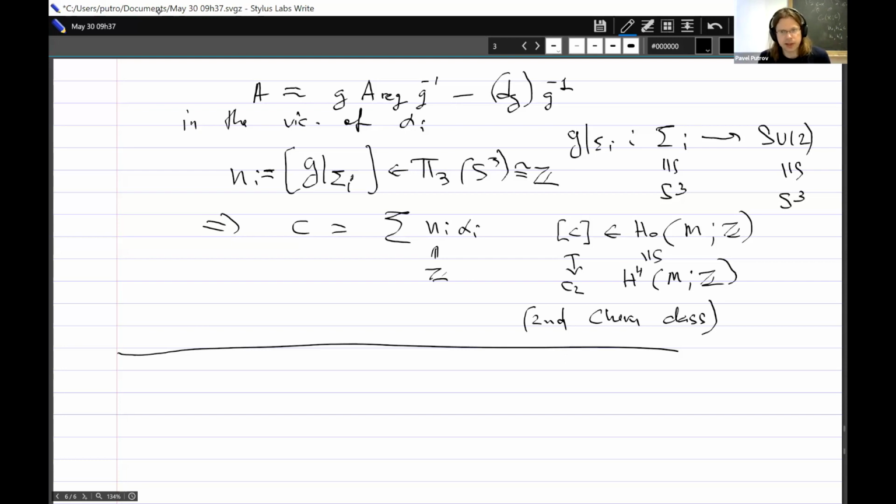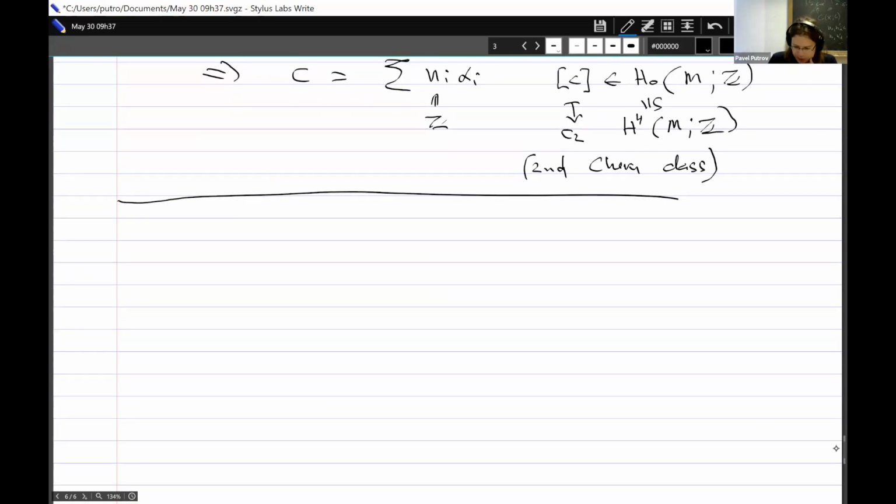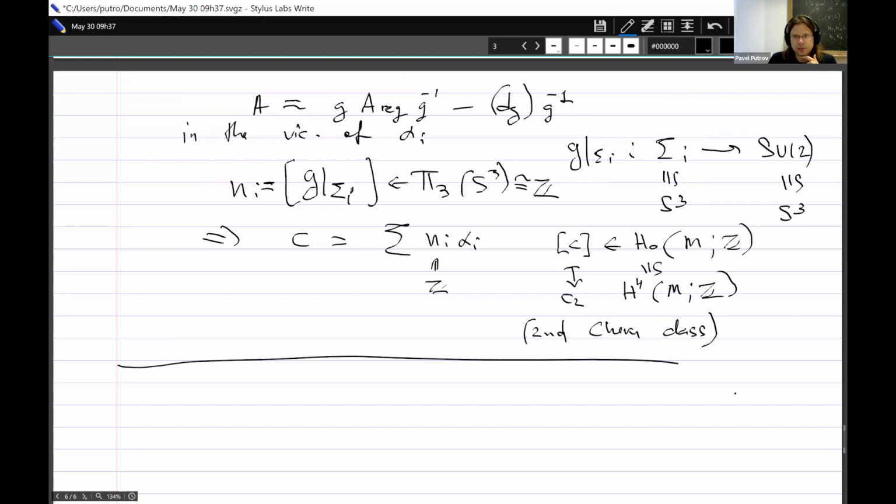And the interpretation is that, in terms of Poincare duality, this network of Dirac strings gives a d-2 cycle, which represents a class in the d-2 homology group, which is Poincare dual to this H2, yes. Any other questions?